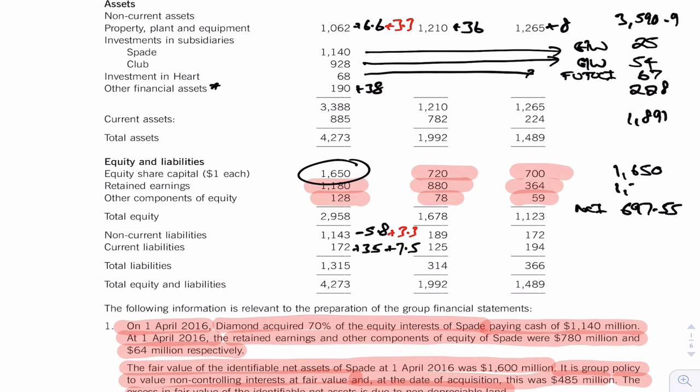So 1337.5, something like that. Yeah, non-current liabilities then, add those across, you get 1501.5. Current liabilities, you'll get 533.5. And you've done the question. Congratulations.